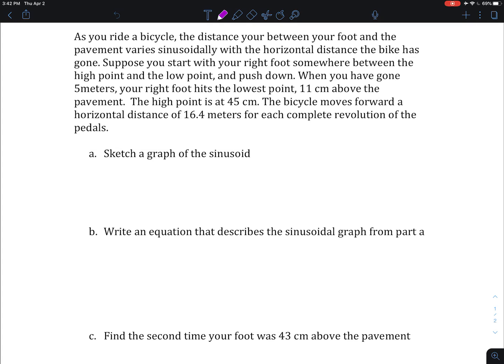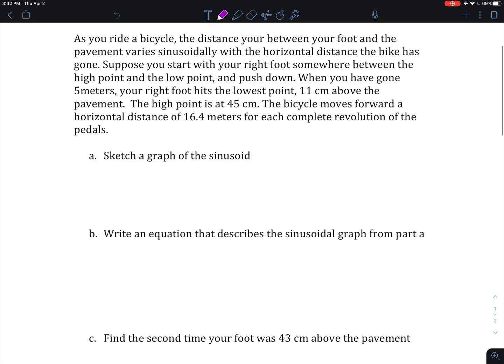So it's the height of your foot, which if it's on the pedal, right, you've got a pedal here, its height is going to change, right, as you go around the circle, like that. And so the height as the bike is going is going to follow a sinusoidal relationship.